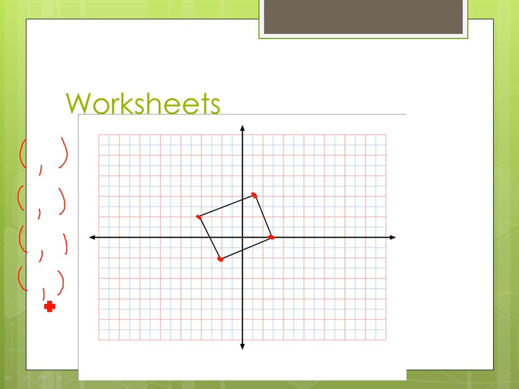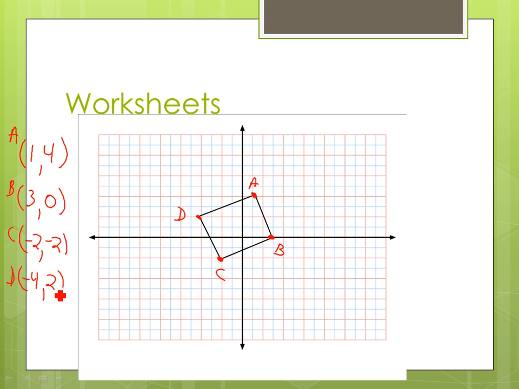So we can give these some letters if we want, A, B, C, D, just to make it a little easier to identify. I'll start with A. A is 1, 4. That's A. B, C, D. B is 3, 0. C is -2, -2. And D is -4, 2.